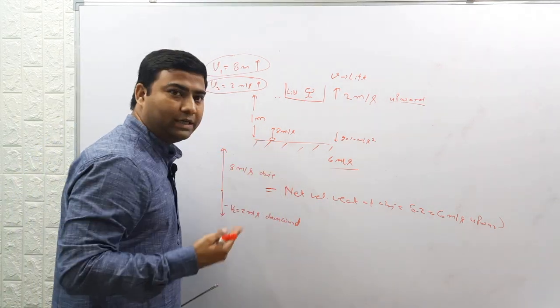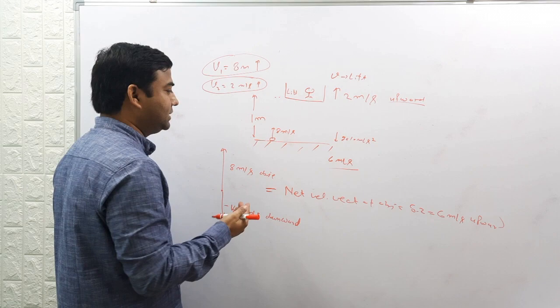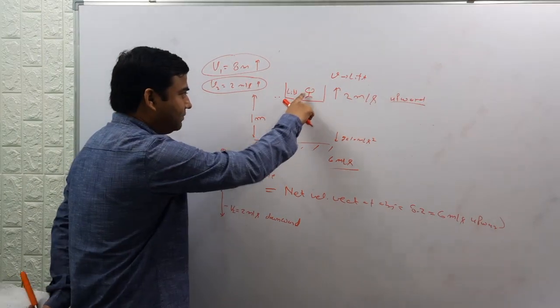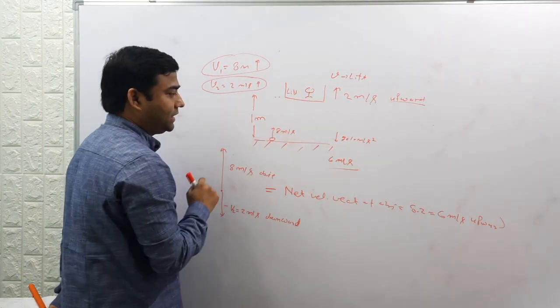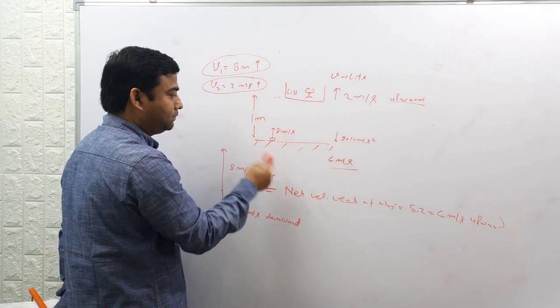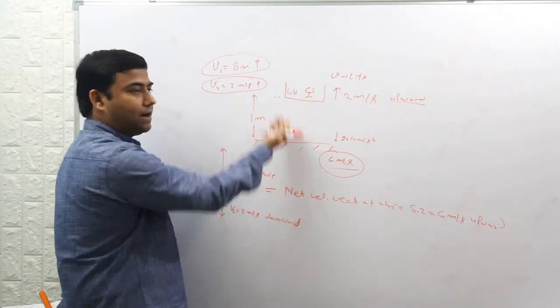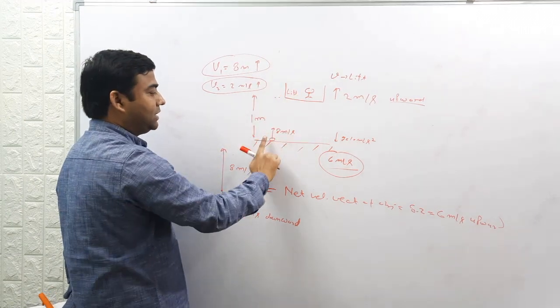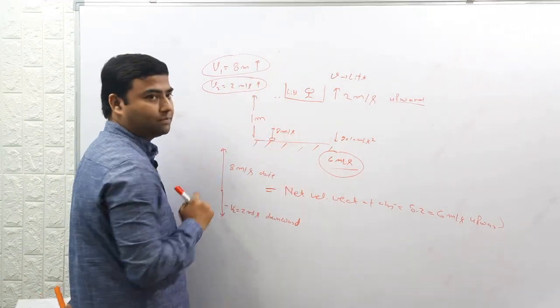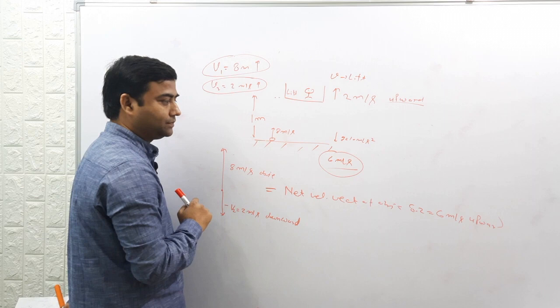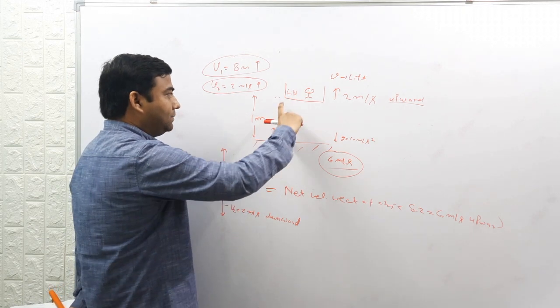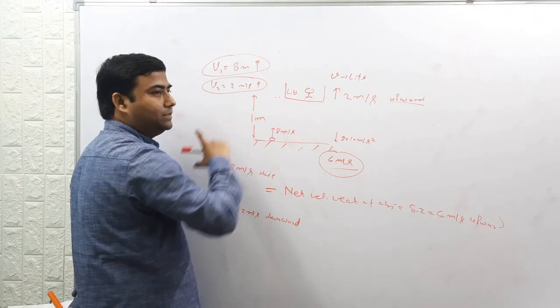So sitting inside the lift, I will say that this object has been projected with velocity 6 meters per second upward. Here I will see upward motion of 6 meters per second instead of 8. And the position of the lift is 1 meter height.